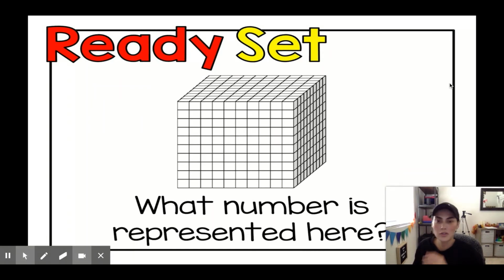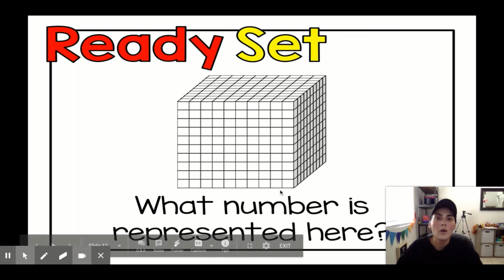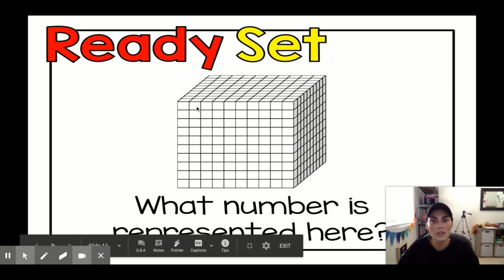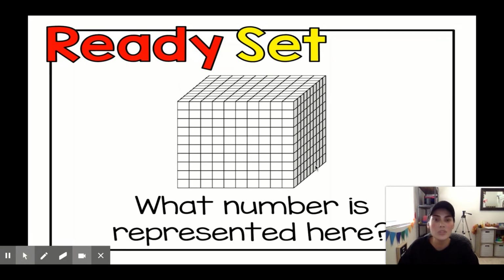They're doing a visual representation of base tens. They're asking me, given this cube, what number is represented here? You could take your time and count out every single block, or you could know that 100 is the square, and if there are 10 squares, this must be a thousands cube.